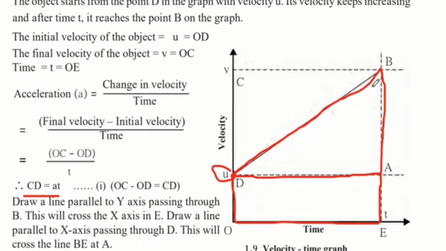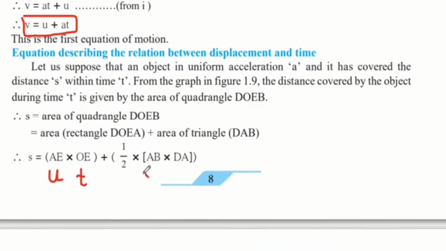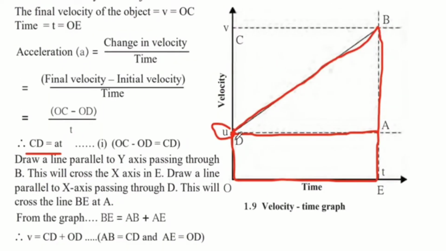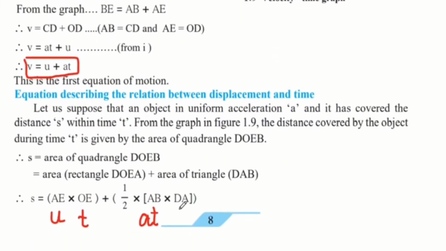Now AB would be equal to CD, and if we see the derivation we did earlier, we got CD is equal to at. So we will substitute that as well, where AB is equal to at. And your DA would be equal to OE, which would be equal to time t. So we will substitute DA as time t.